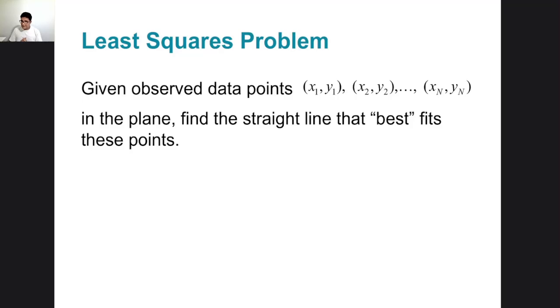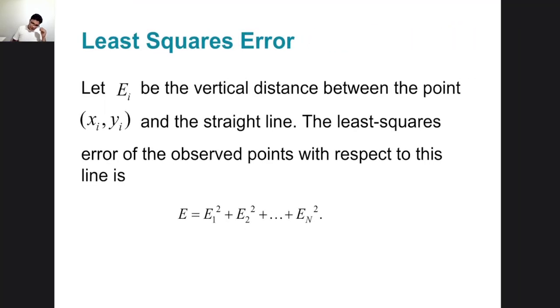So here are the data points. This is the theory. Suppose you have observed these data points and find the straight line that best fits these points. That is the goal, right? How do we do it? We look at the error.